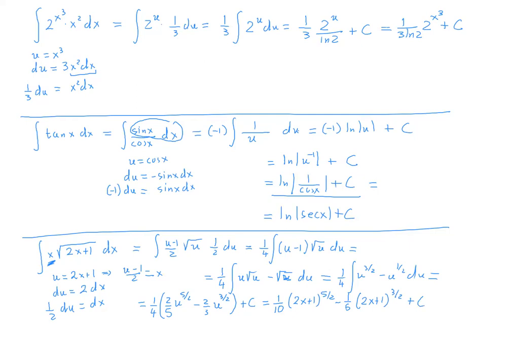And obviously, this is a much, much more interesting example than the one that we could have seen. This is the most complicated integration that we have done so far.